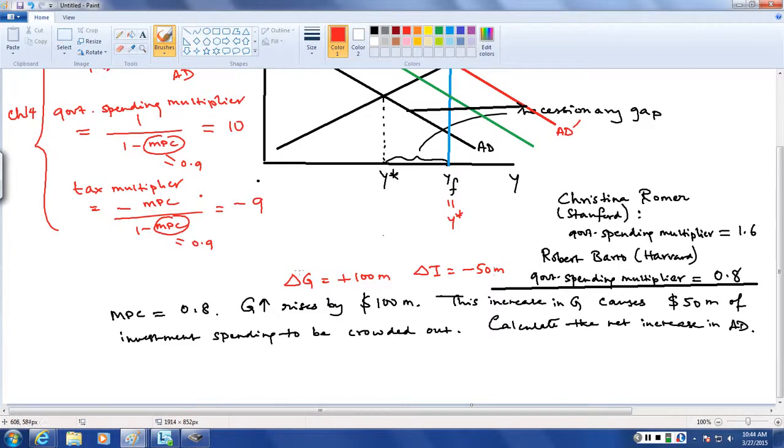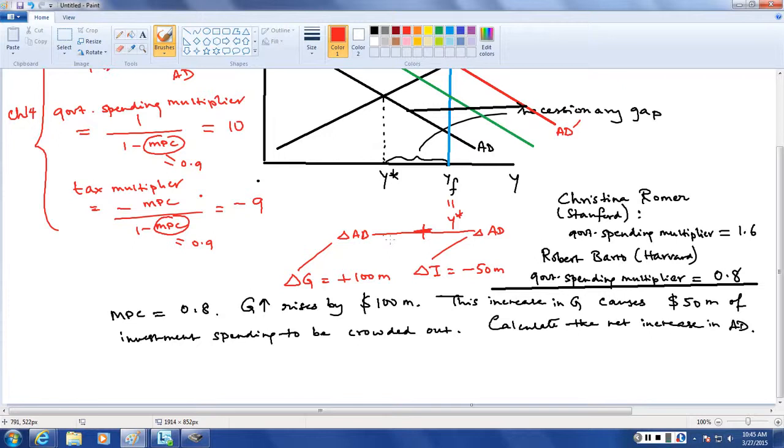Couldn't we find the effect of each separately on AD, and then add these two up to get a combined effect? Yes? Let's proceed to do that. So how would we calculate the effect of each on AD and then add up the two changes in AD to get the combined effect?